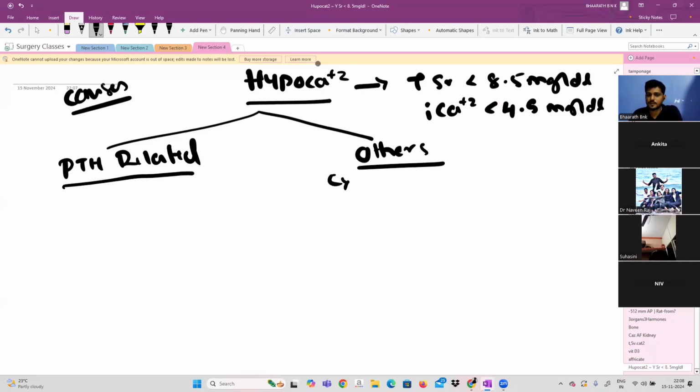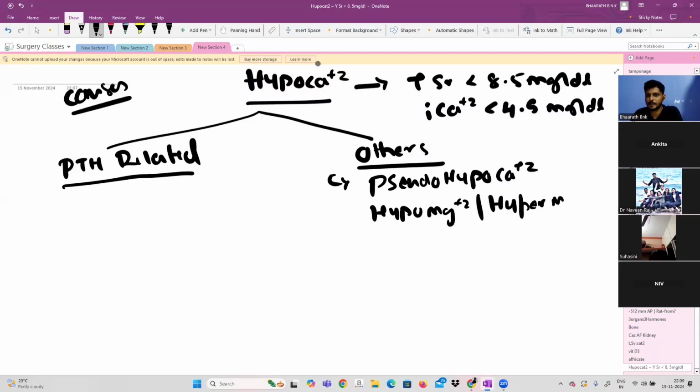So other causes would be pseudohypocalcemia, which is encountered especially in a surgical patient most often, or it can be because of hypomagnesemia, or it can be because of hypermagnesemia. It can be because of hyperphosphatemia.